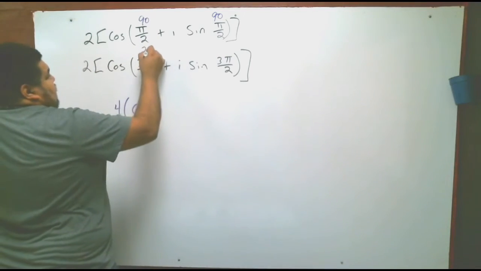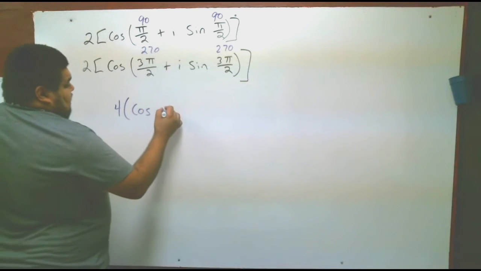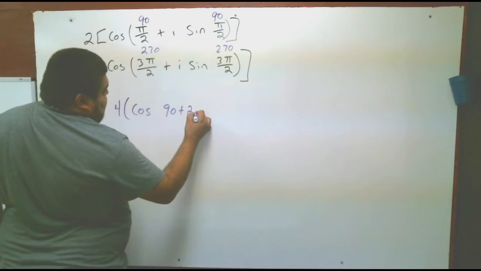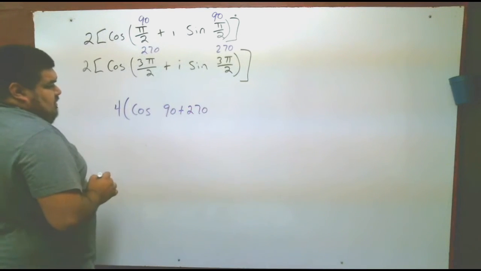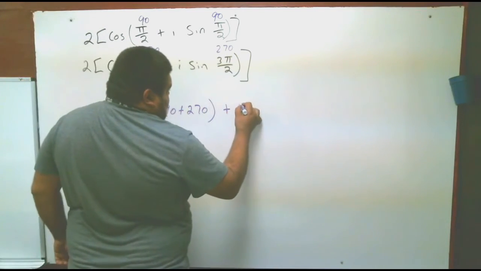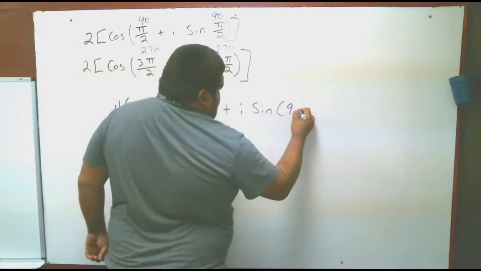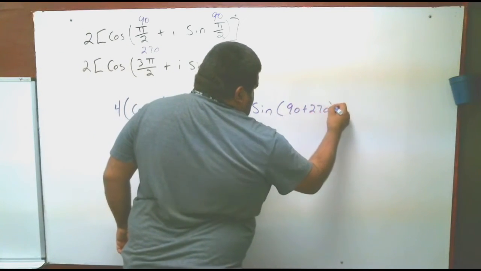So we have cosine of 90 plus 270, plus i sine of 90 plus 270.